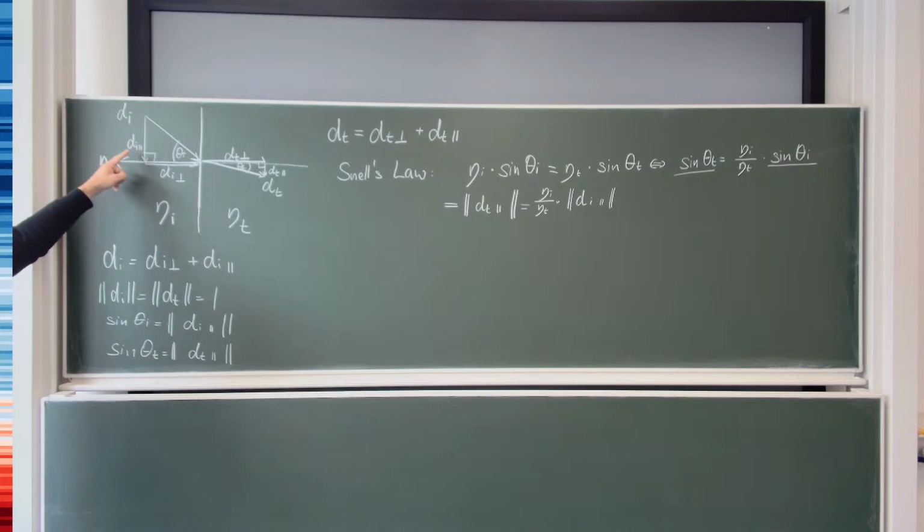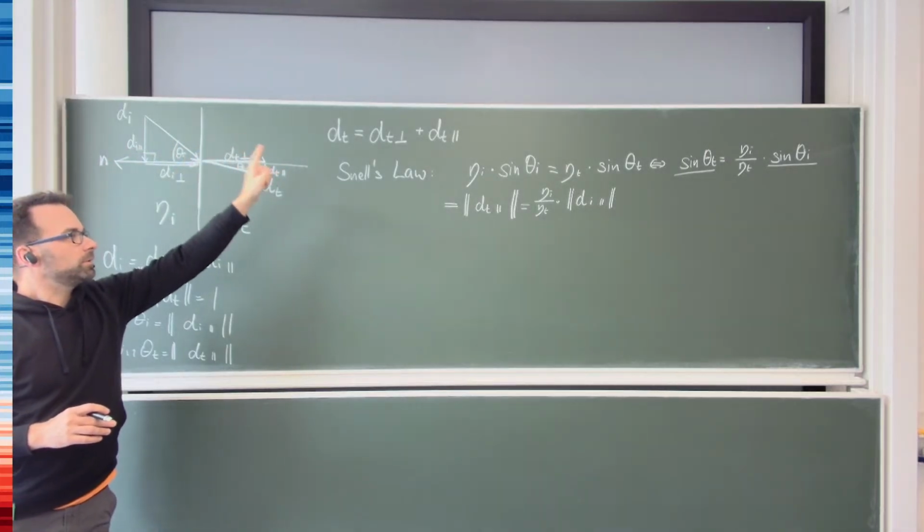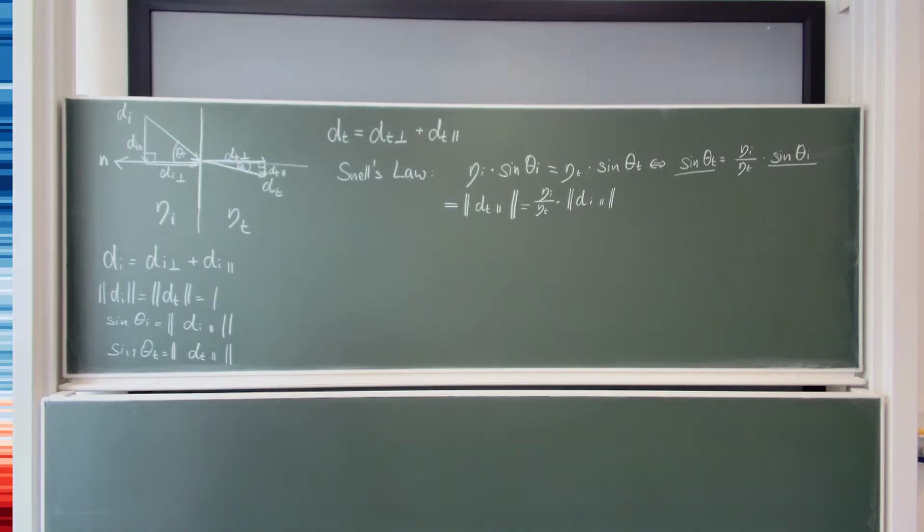What is the direction of the parallel component of di and the direction of the parallel component of dt? Just the direction. Where do the arrows point?